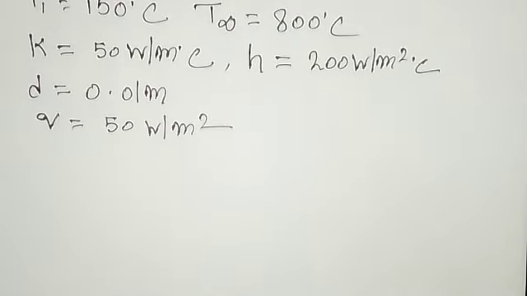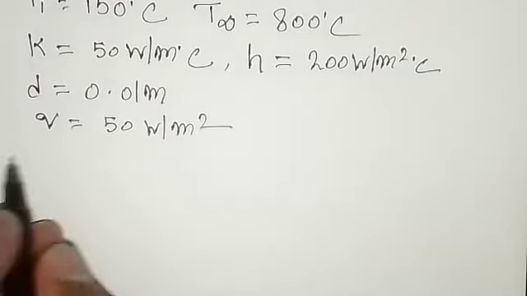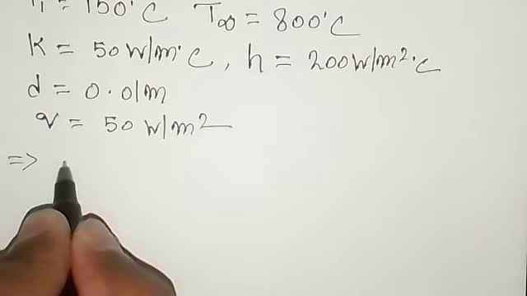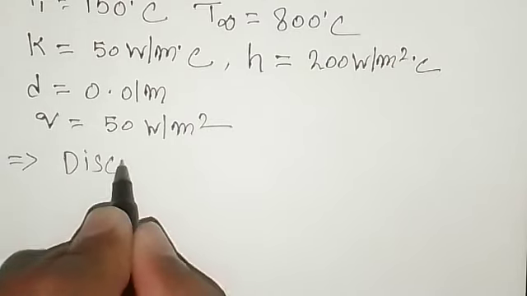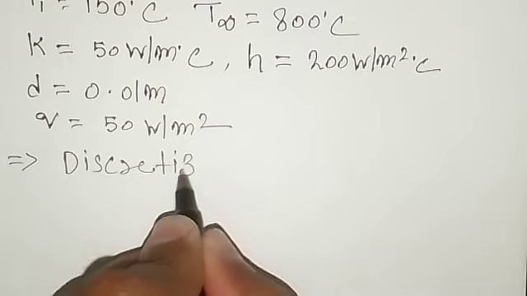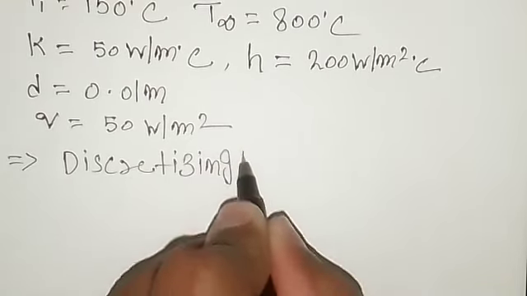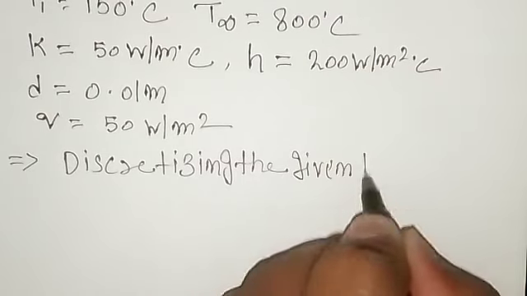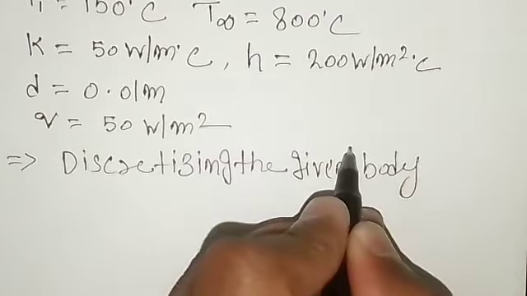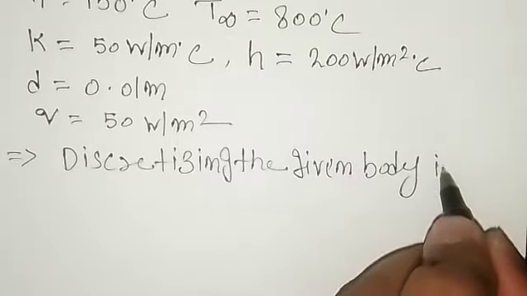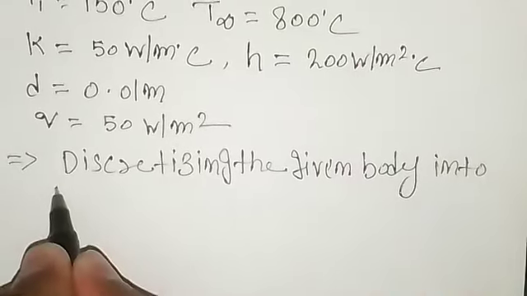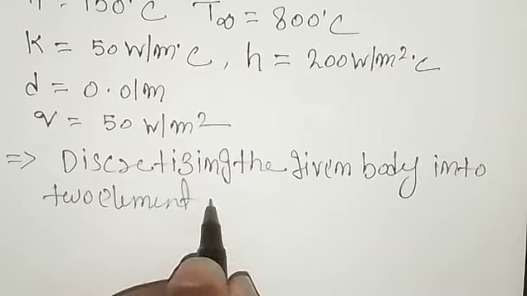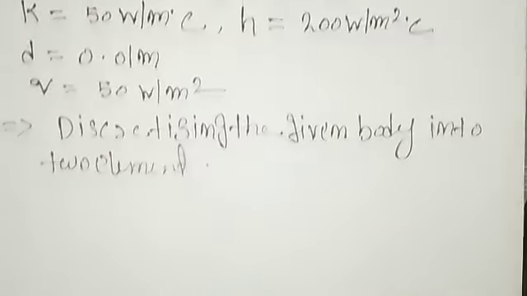So here we go, first we will write discretizing the given body into two elements, right? Into two elements, right? So now we will find out the stiffness matrix.